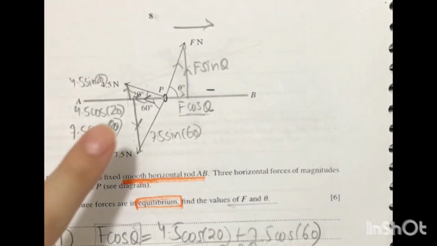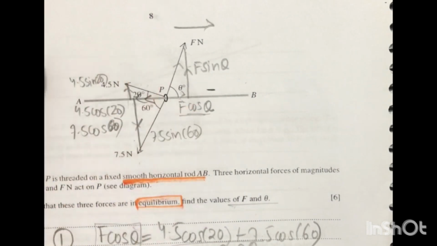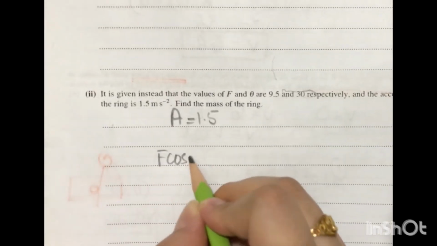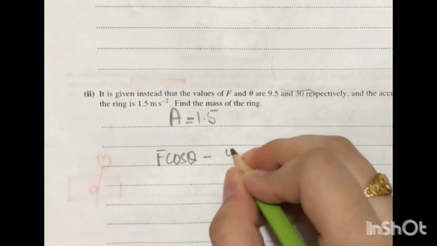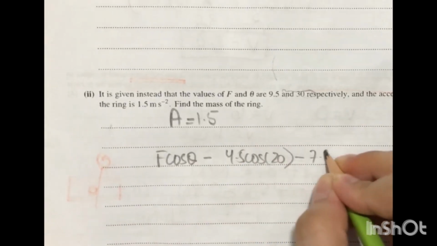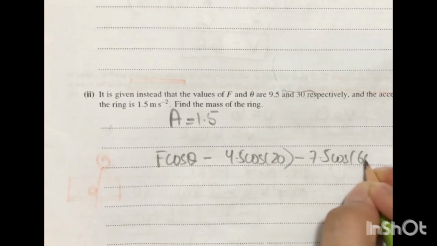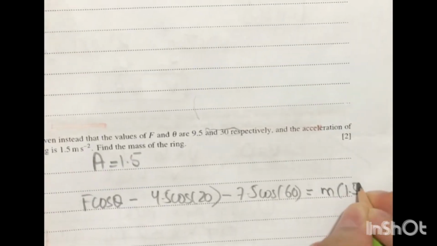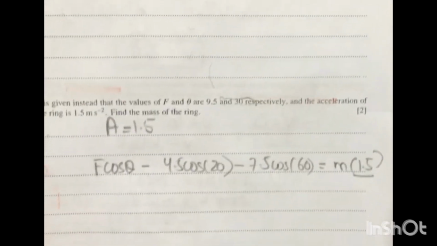So that will mean that F cos theta minus 4.5 cos 20 minus 7.5 cos 60 is equal to the mass multiplied by the acceleration which they have given. So we can write this as F cos theta minus 4.5 cos 20 minus 7.5 cos 60 is equal to the mass which we have to find times 1.5, which is the acceleration.